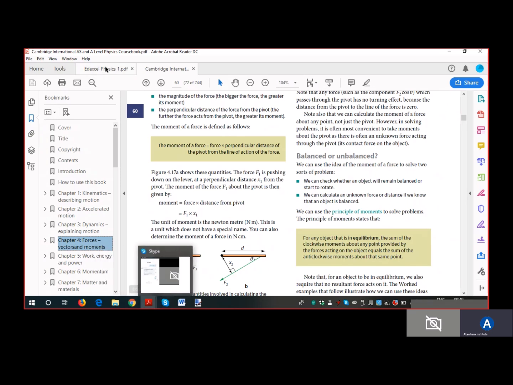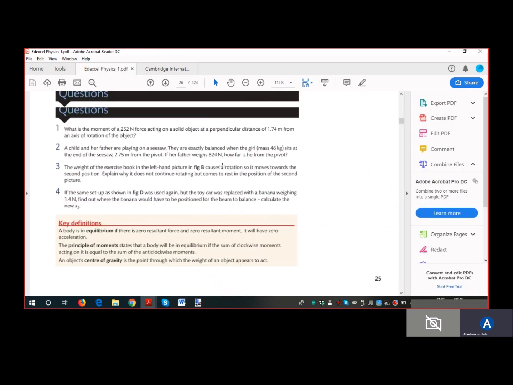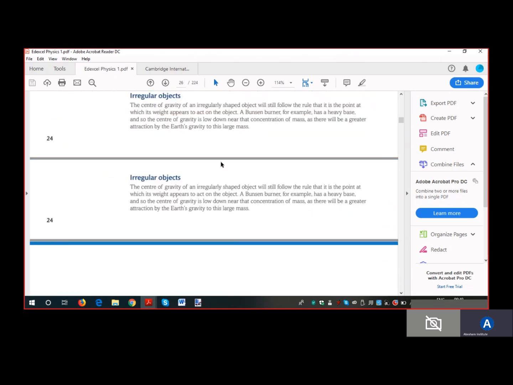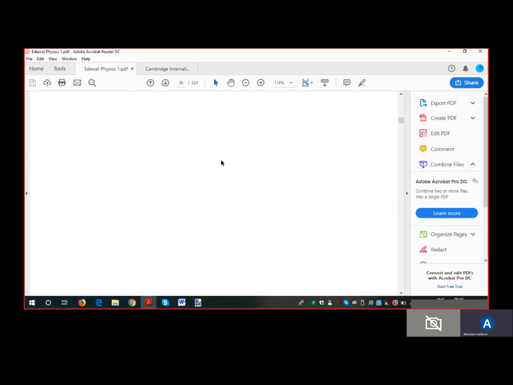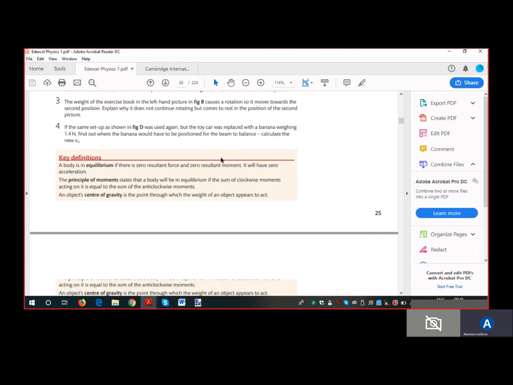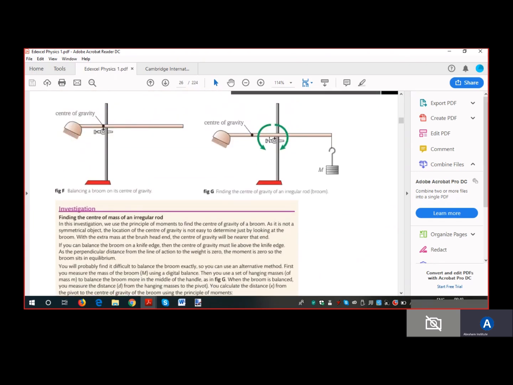If you take moments, say for example in this one, about this point, the clockwise moments, and then you take anti-clockwise moments about, let's say, another point somewhere here, then the two are not equal.